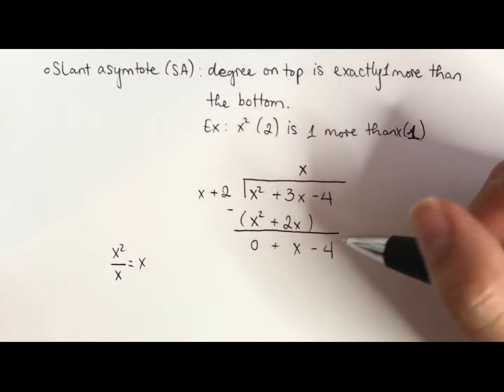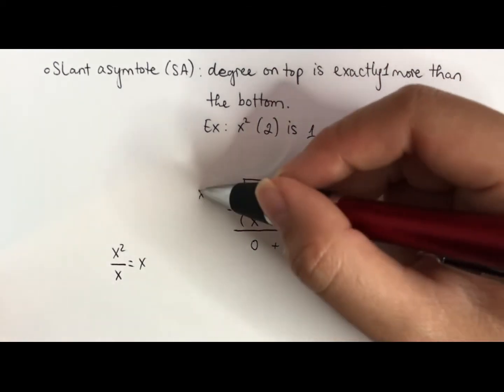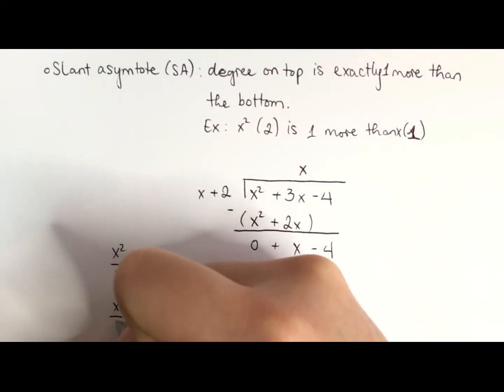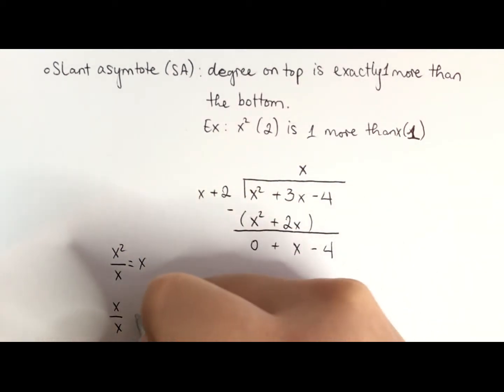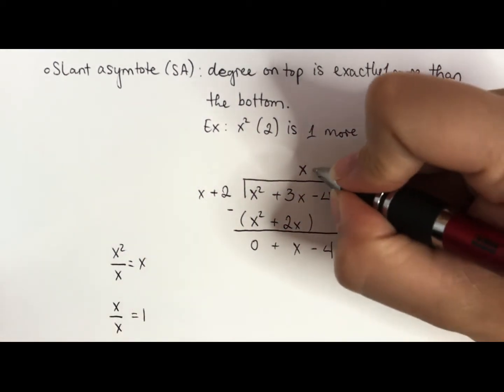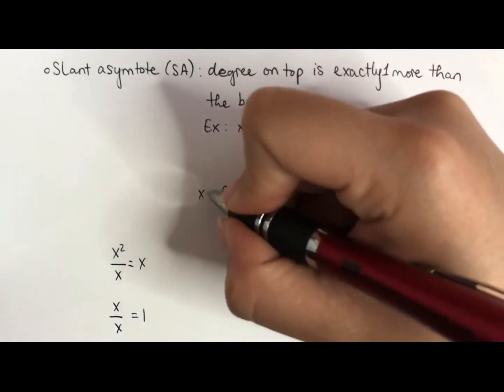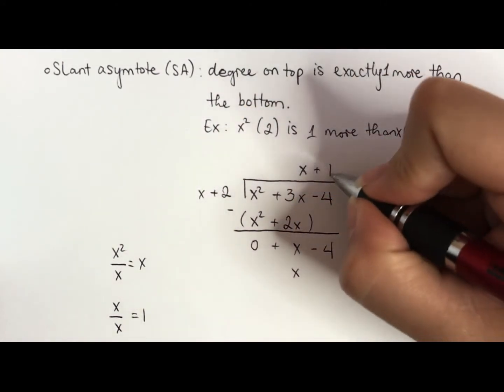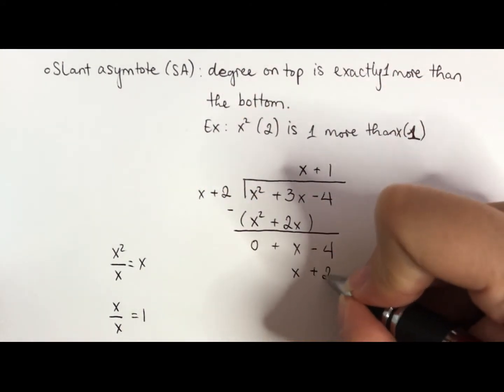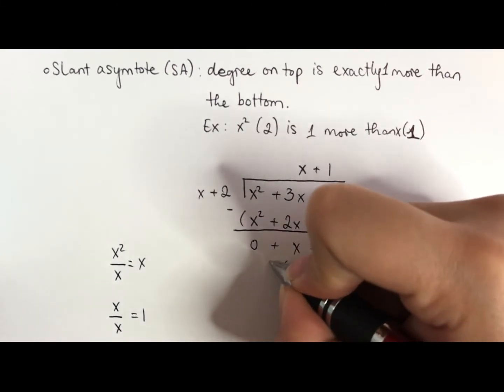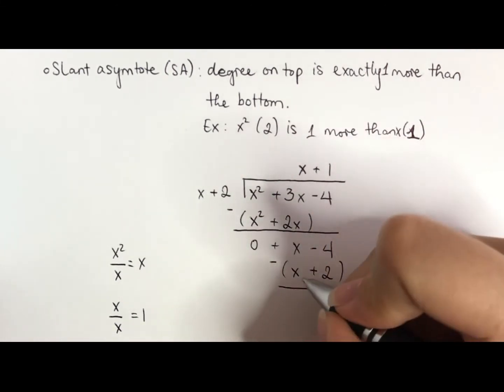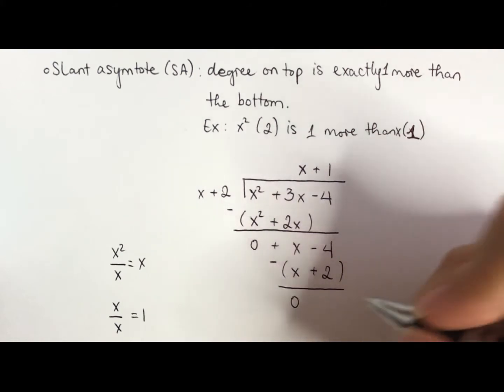Now we're going to continue with this x divided by that x. So x over x would just be 1. So we have plus 1. 1 times x is x. 1 times 2 is positive 2. Then we subtract it out. X minus x is a 0.